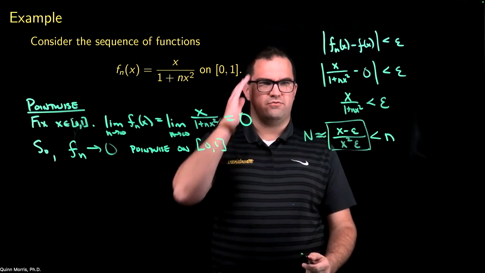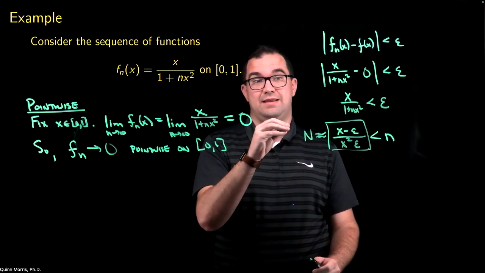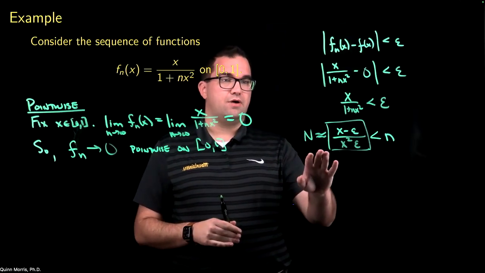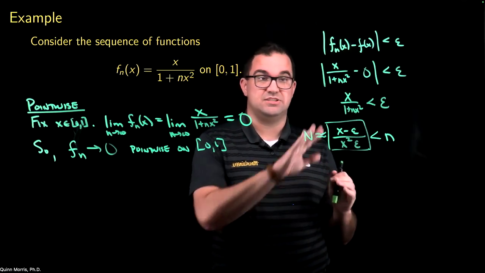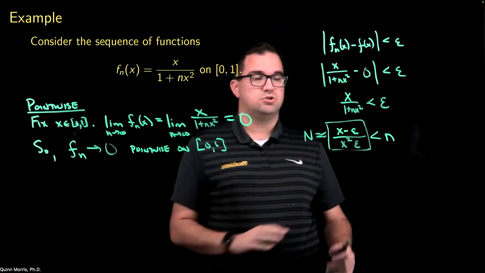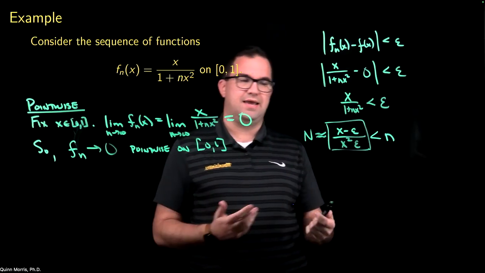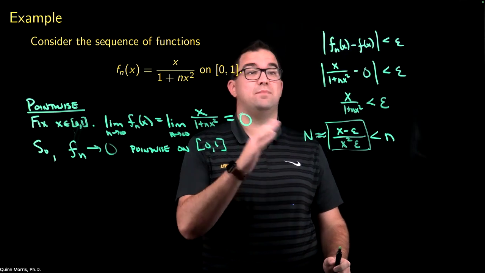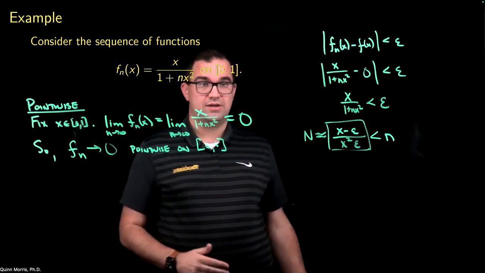If I want uniform convergence, this is where I have to be careful. I want to find a capital N that is independent of x. Here, I have found a capital N that depends on x, but that doesn't mean it's not possible to find a capital N that is independent of x. Just because in this first pass I find a capital N that happens to depend on x, that doesn't mean there's not a way to find one that is independent of x. Okay, and in fact, we can in this situation.